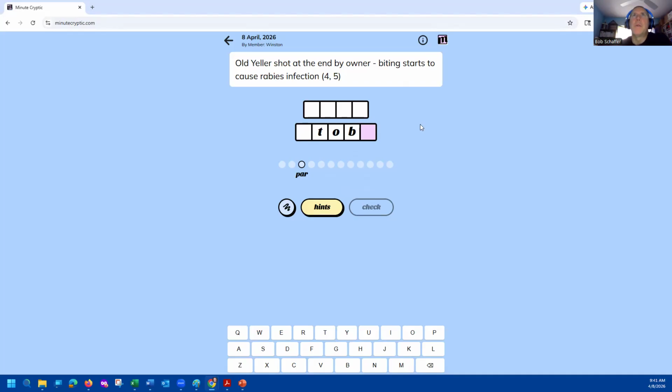I don't know any words that would go well there. I mean, what am I missing if I did the whole thing? OYSATEBOB. That's the Old Yeller shot at the end by owner biting. Those are all the starts to those letters.